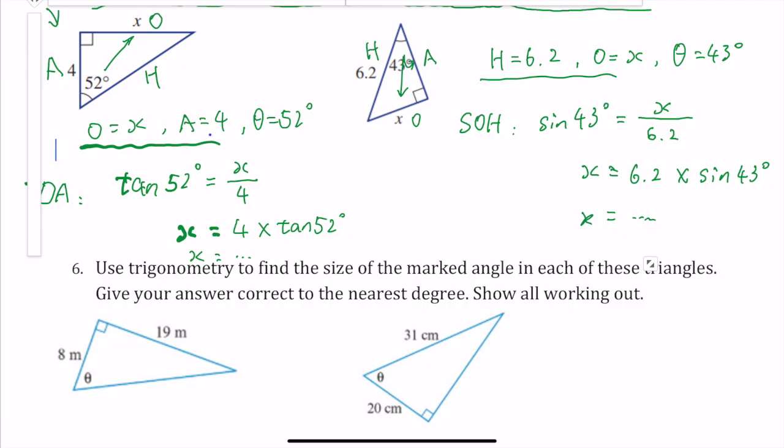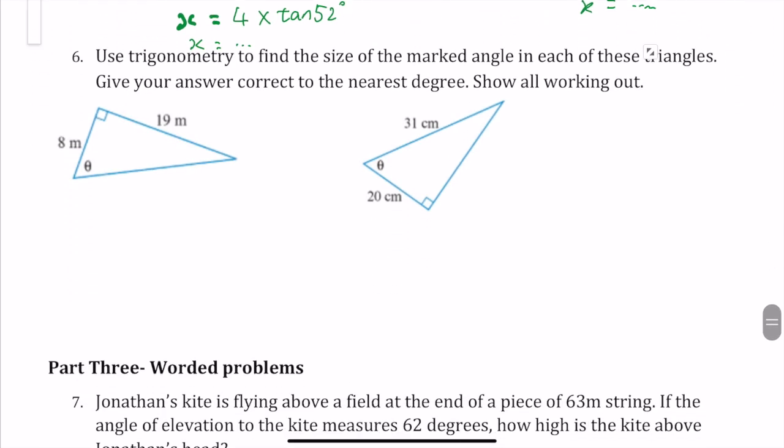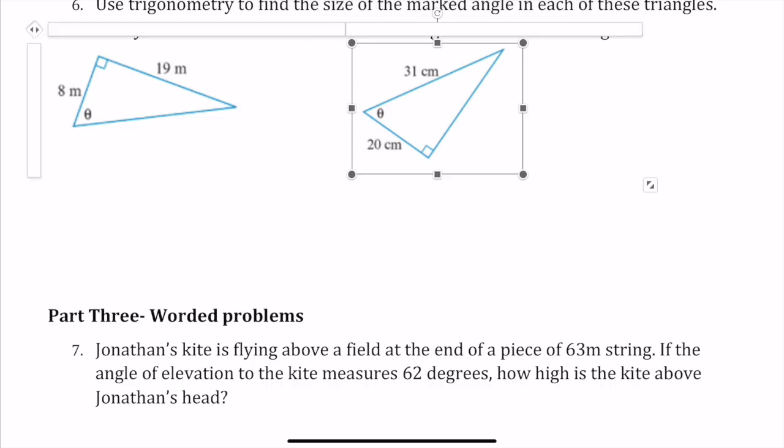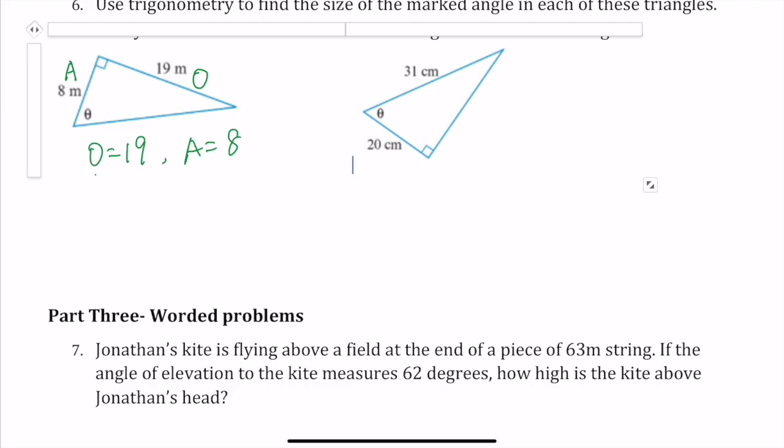Next one. You are going to find out the angle. So you label it first. This is opposite. This is adjacent. Then you substitute. O equals 19, A equals 8. You know O, you know A, which means you're going to use TOA.